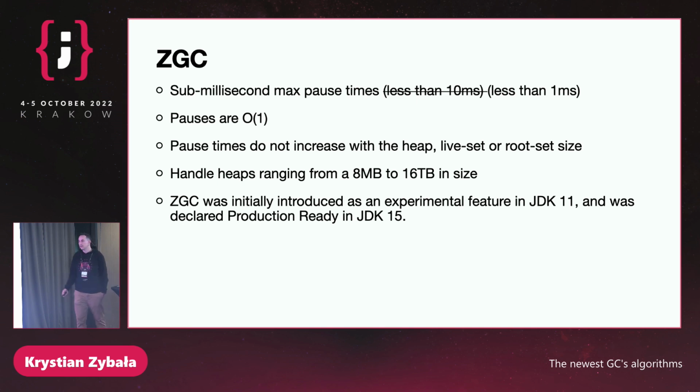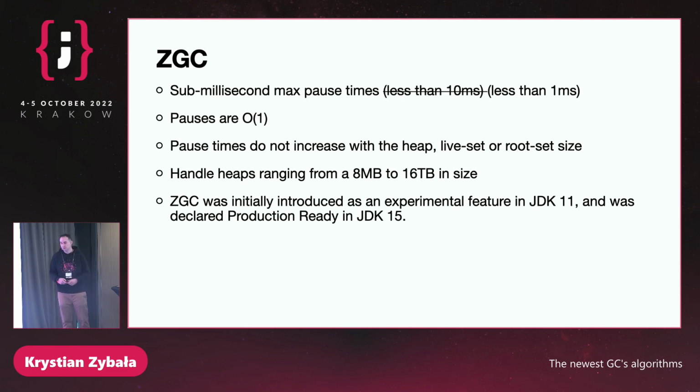This means that the pauses are constant. The pauses don't increase with heap, live set, and root set size. You can use this algorithm for very small heaps and very large heaps. 16 terabytes is a lot of memory.